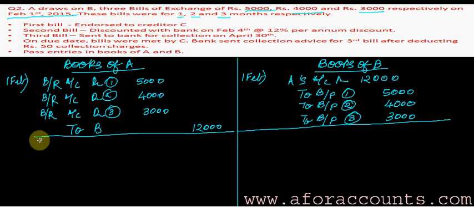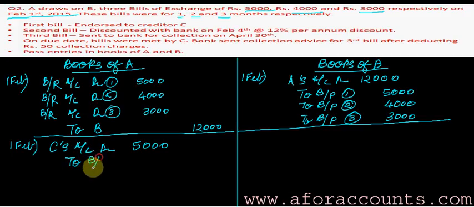So the entry on 1st February in the books of A: C is the creditor, giving C the bills. C's account debit by how much? By 5,000, as he is receiving the bill, and the bill has not been kept for himself, so credit bills receivable. This is the first bill, 5,000.